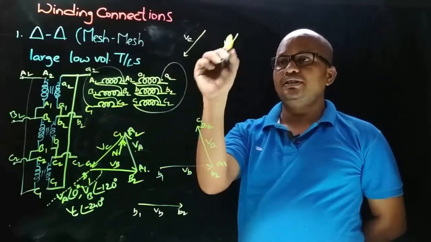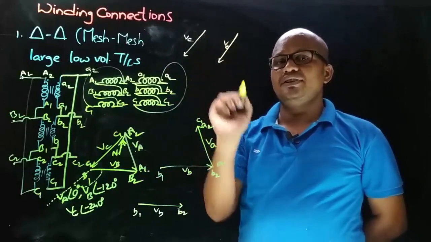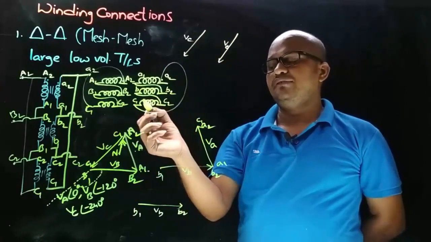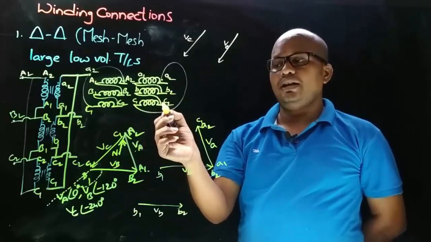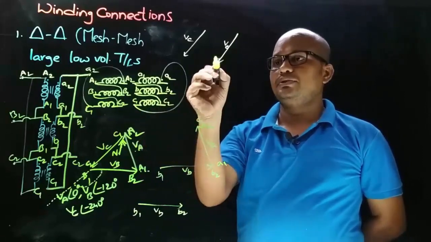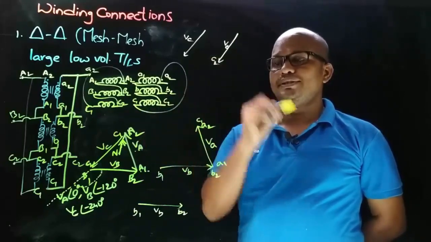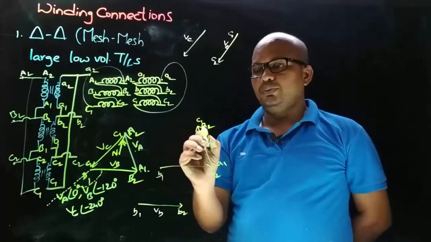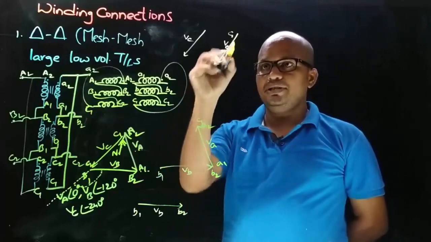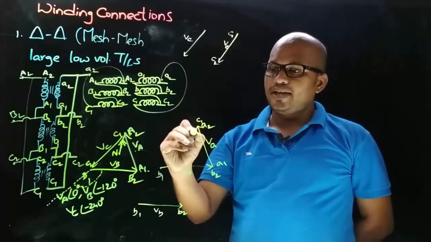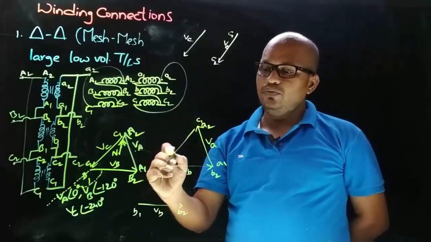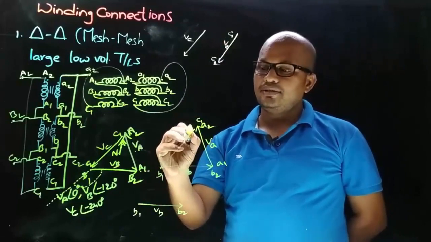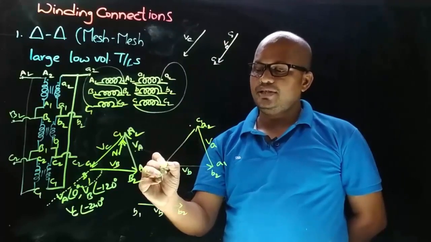And now we need to decide the secondary side VC phasor terminals. The secondary side VC phasor terminals are C1 and C2, and here the connection is taken from C2. So the arrow points towards C2 and this end is C1. And now observe that here to A2, C1 must be connected, means this phasor is moved like this, so this is C1 and this is C2.